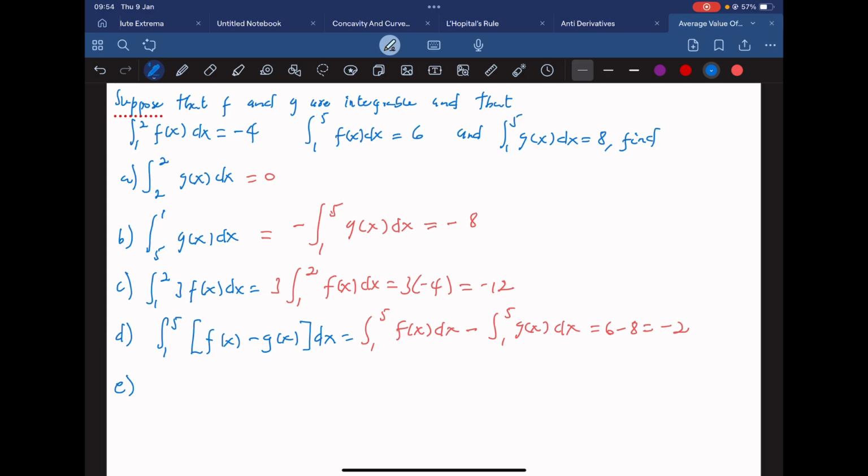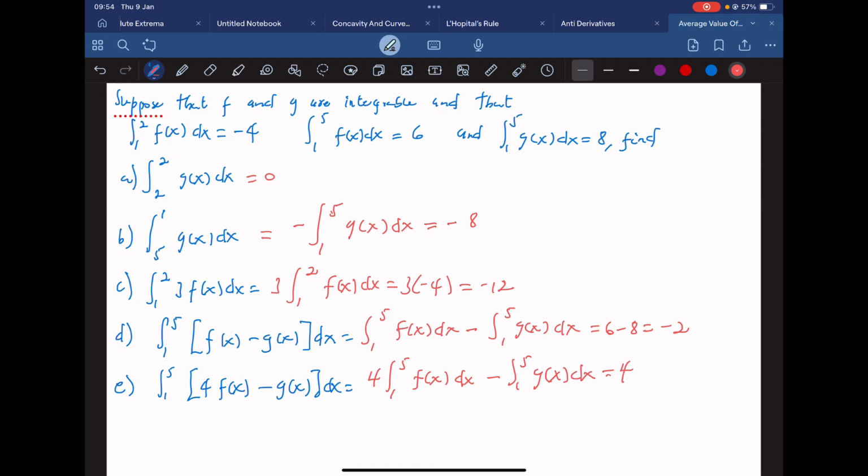We also have the integral of 1 to 5 of 4f of x minus g of x dx. So in that case, we do the same thing. We bring the constant outside this time. We have 1 to 5 f of x dx minus 1 to 5 g of x dx.